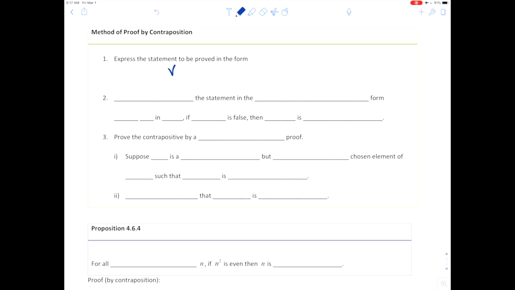So for any x that belongs to some domain D, if P of x, then Q of x. Because then you'll know how to negate Q of x. So the second step would be to rewrite the statement in the contrapositive form.